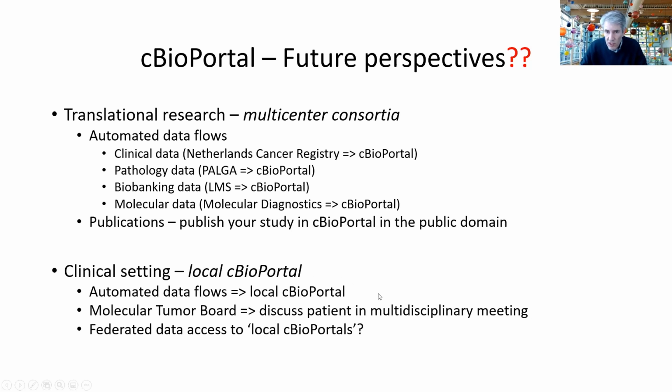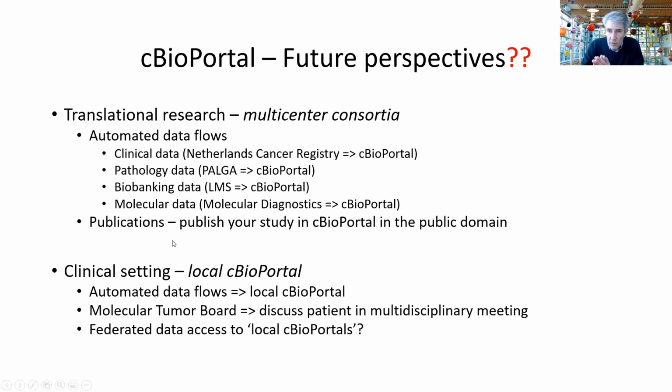And then, of course, you do need local instances of cBioportals in the individual hospitals, because then it becomes part of the hospital system, in which case it becomes attractive to think about federated data access to the different local cBioportals. And last but not least, publications.